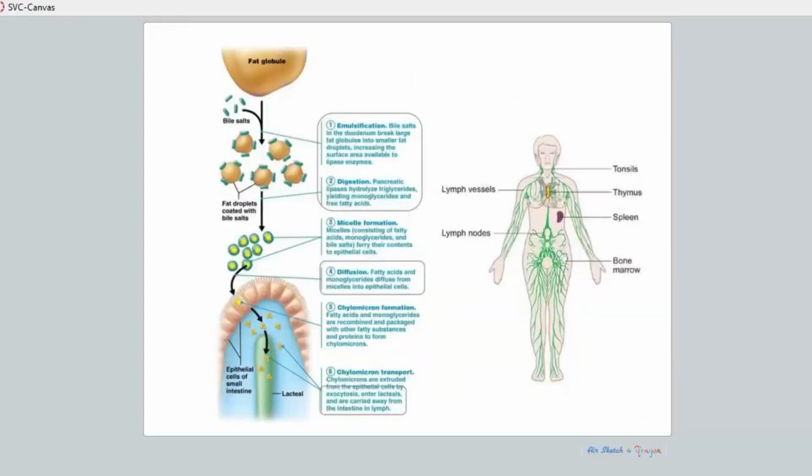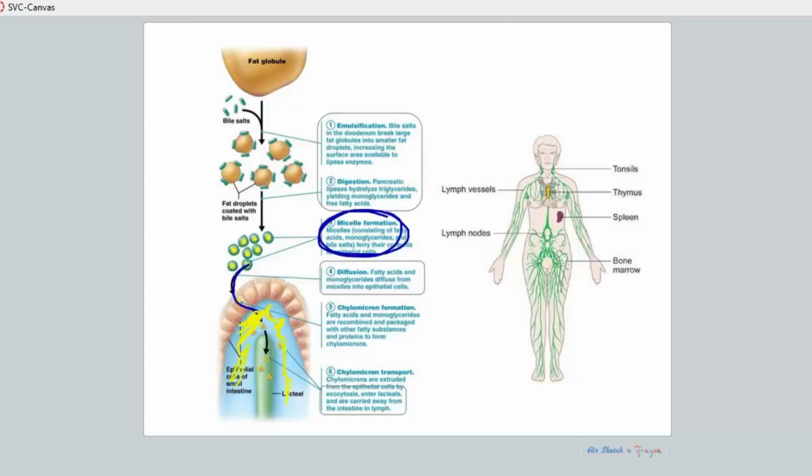Here we have a fat globule that's being emulsified by these bile salts. There you can see the emulsification part of it. Then these pancreatic enzymes, these lipases, come in and break it down into the individual component parts. The next thing that happens is they form this thing called a micelle, which I'm not too clear about, and that allows the material to diffuse across the simple columnar cell into the underlying areolar tissue.